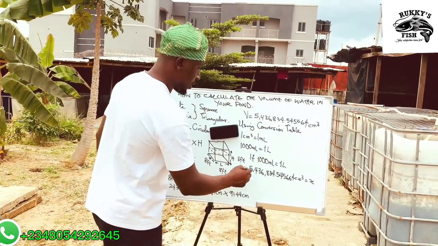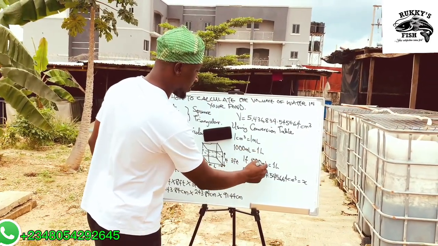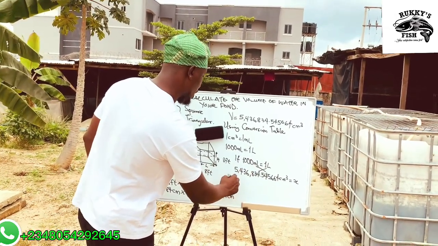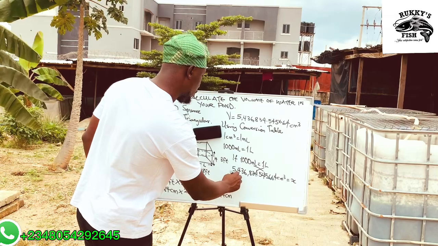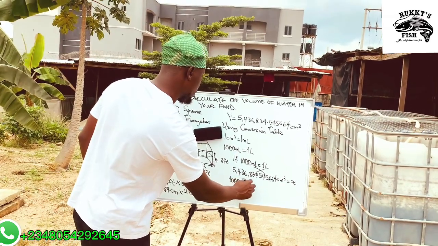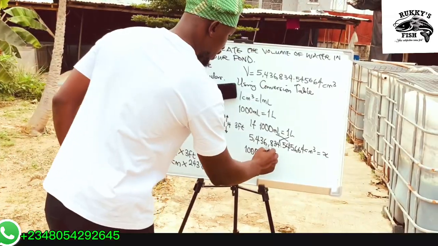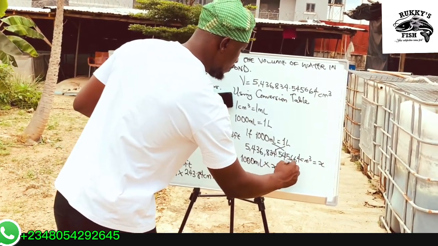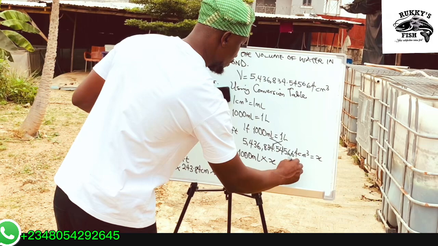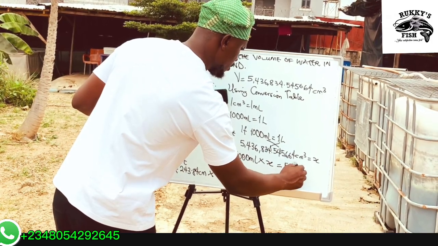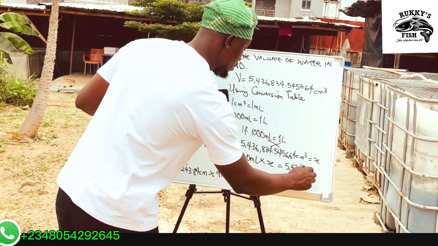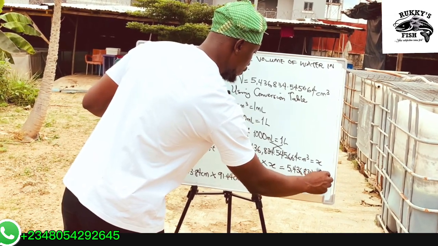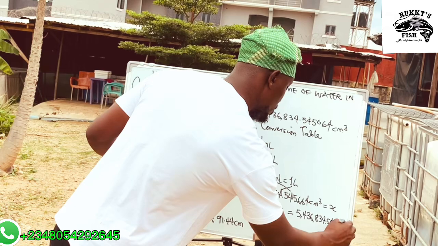Now we have to cross multiply. Okay, so if we are cross multiplying this way, we have 1000 milliliters times x is equal to what? Just bring down this value, 5,436,834.5456664, right? Times 1.